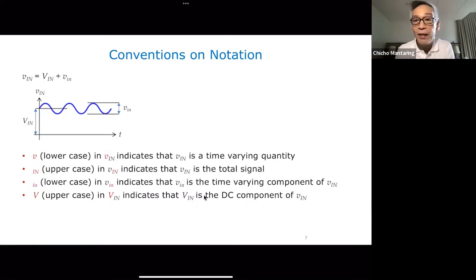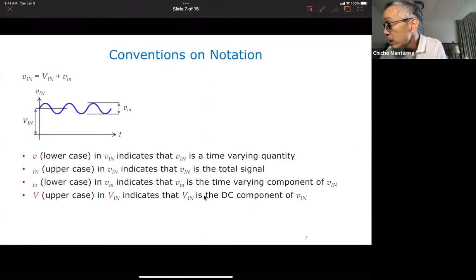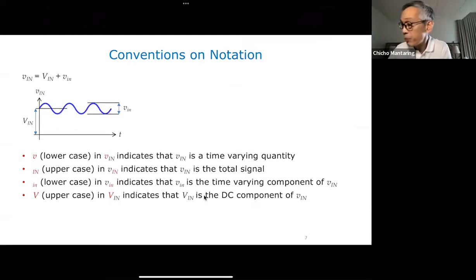So for example, let me test you, and again, just shout out an answer. What if I have the variable I, small in? What does that mean? Can someone tell me what that is? Anyone? I'll call out people at random.